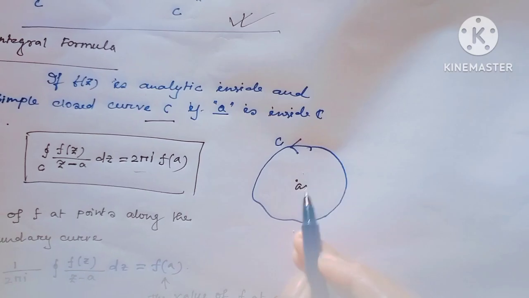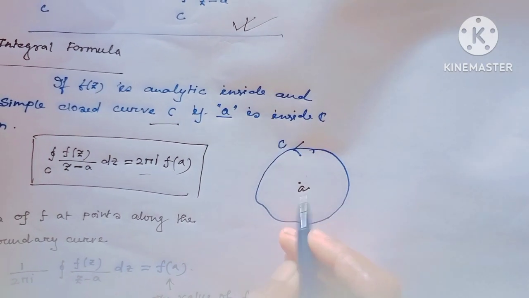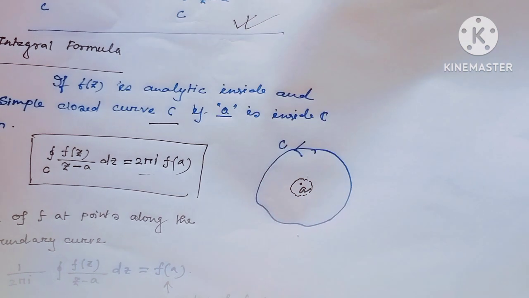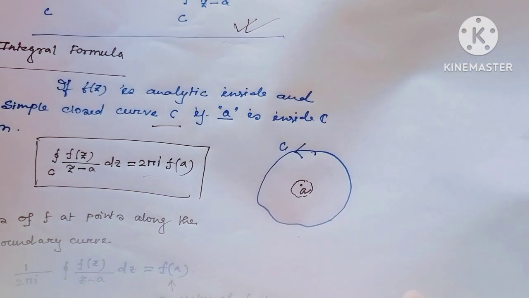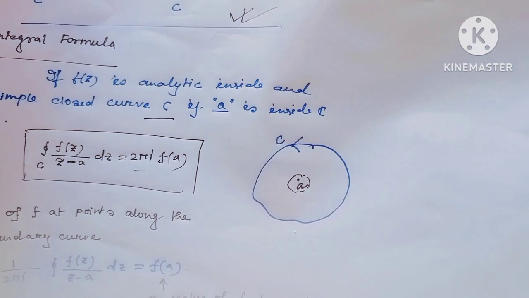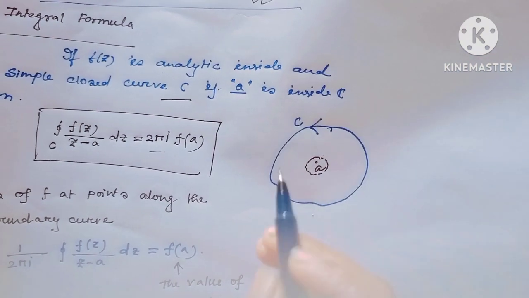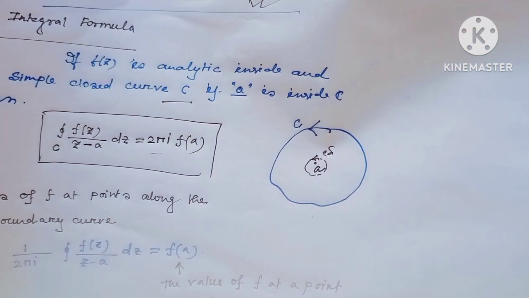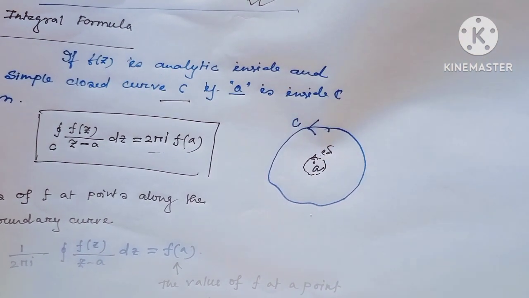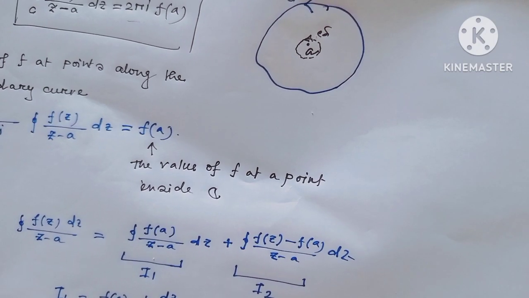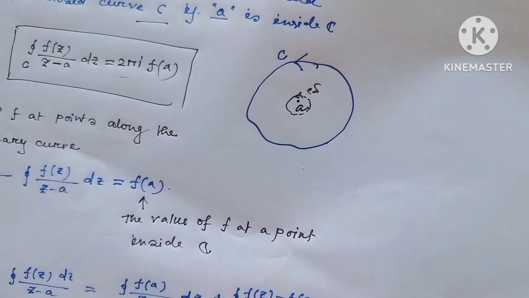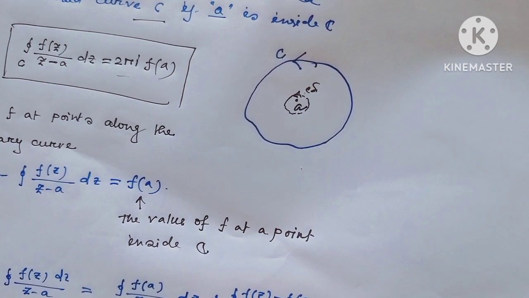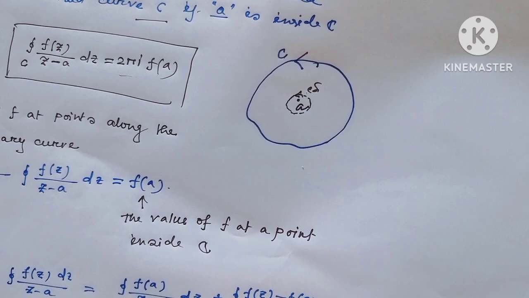For this, deform the curve C into C delta, because this is a simply connected domain, so we can shrink it to a point. So deform C into C delta. Since f is analytic everywhere within and on the closed contour C except possibly the point a, we can shrink this as C delta.